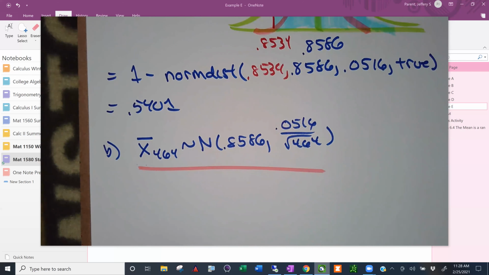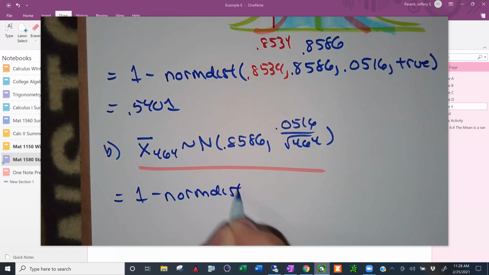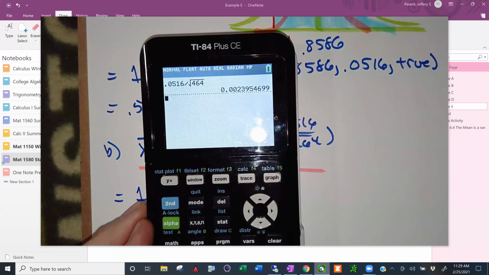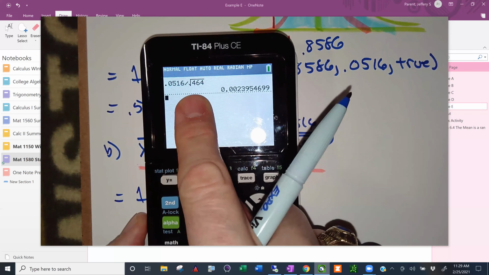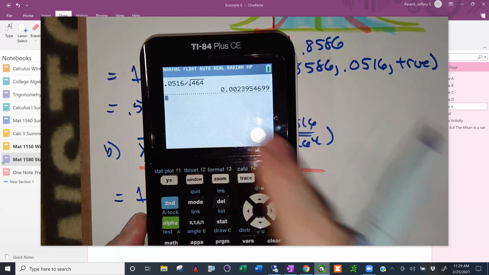But you're still trying to find an area in the right tail, which means you're going to do 1 minus norm distribution. Now you've got a couple options. Nothing wrong with just taking 0.0516 and dividing by the square root of 464.